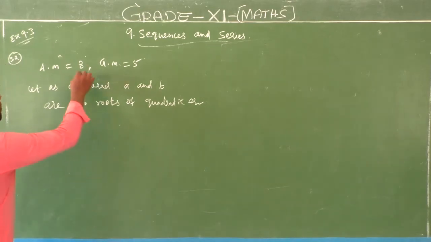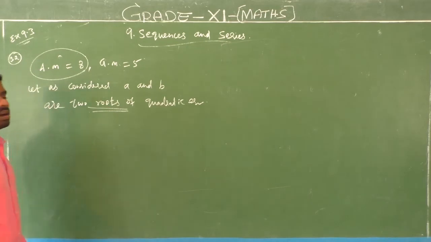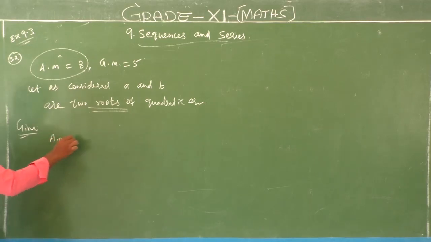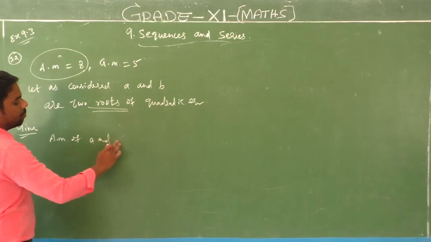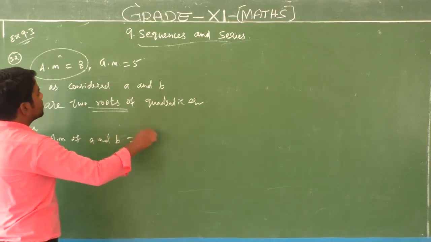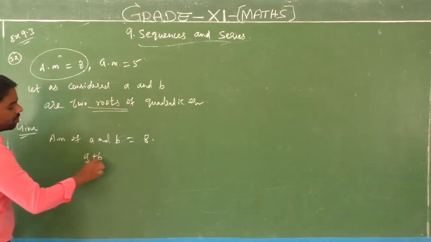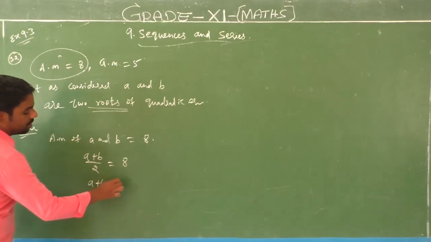Given information: the arithmetic mean of a and b is 8. We know the formula: the arithmetic mean of a and b is (a plus b) divided by 2 equals 8. Therefore a plus b equals 16.